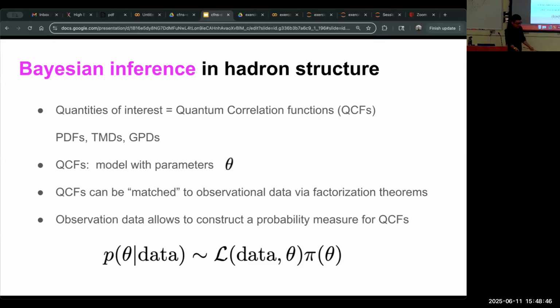What observational data does for us is that it allows us to define a probability measure in the space of theta. That's all about it. There is a way to construct a probability measure, which is a manifold in the space of theta, where theta can be arbitrarily large in dimension. And all we are looking at in terms of Bayesian logic is to be able to construct that probability measure analytically.